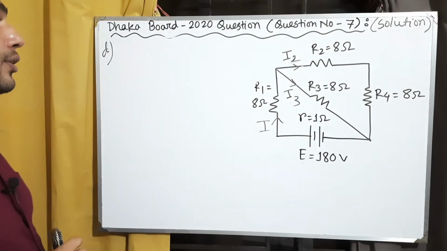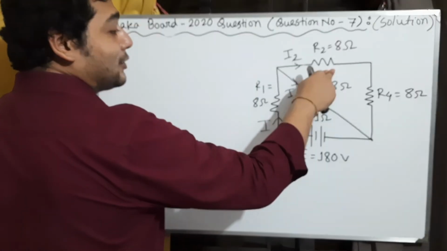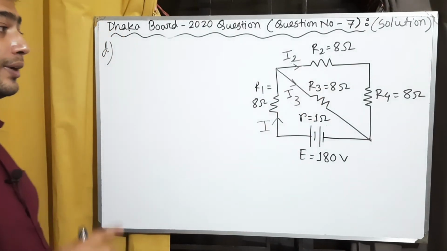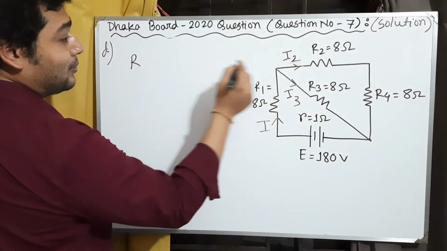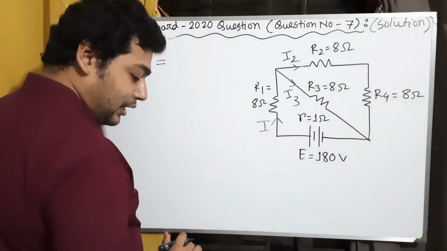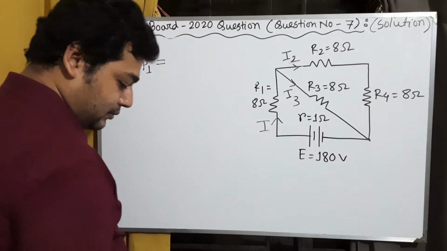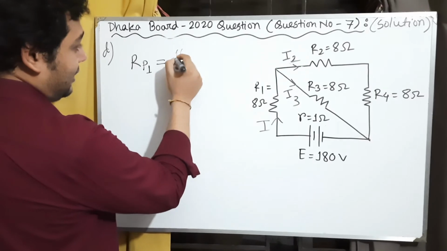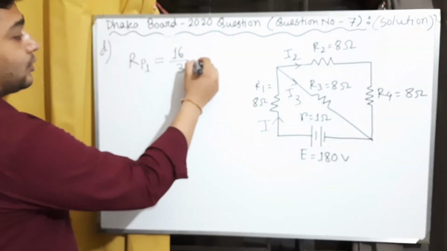From C we calculated the equivalent resistance of R2 and R4 as RS1. RS1 is parallel with R3, so the equivalent resistance of this part is RP1. We get RP1 equal to 16/3 ohm.